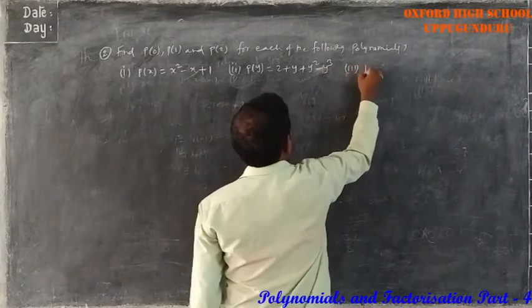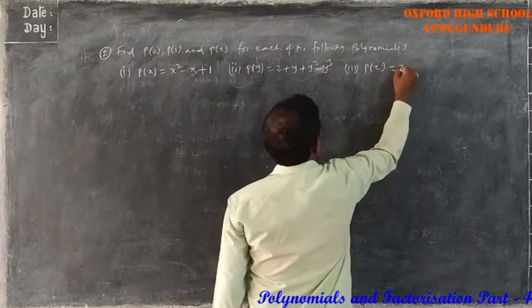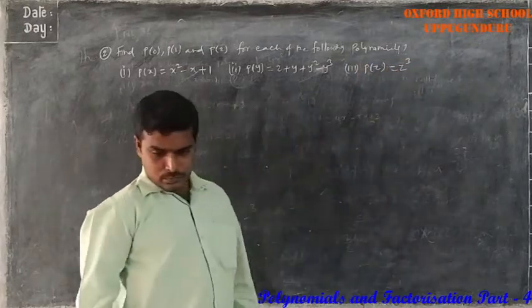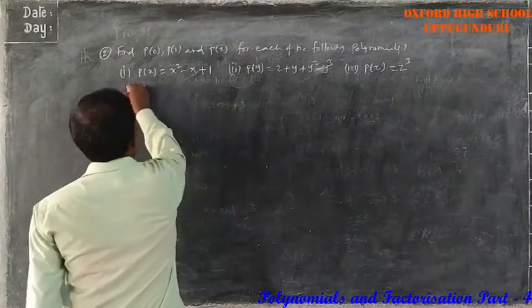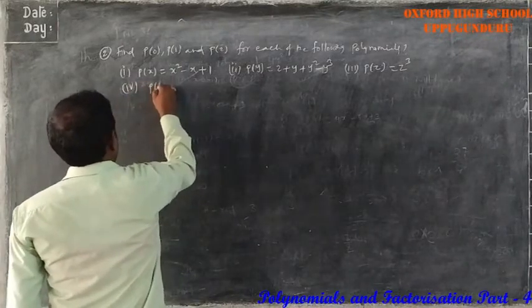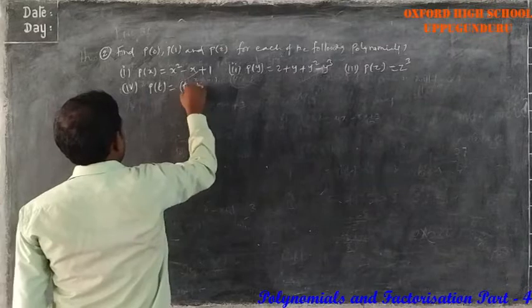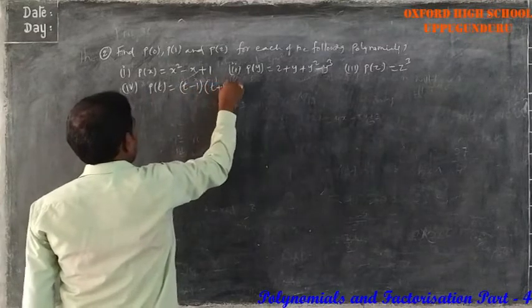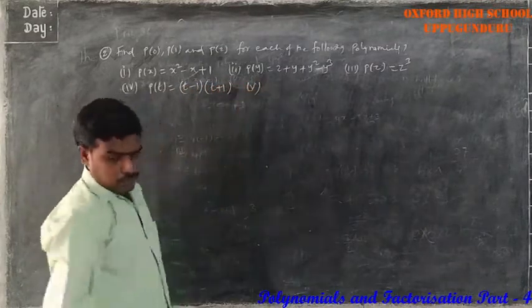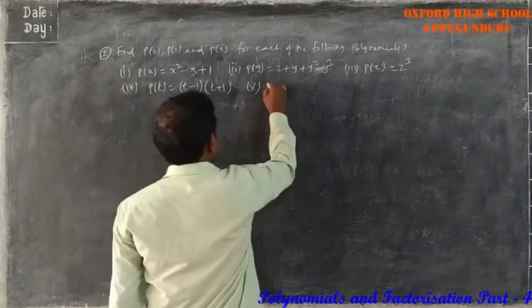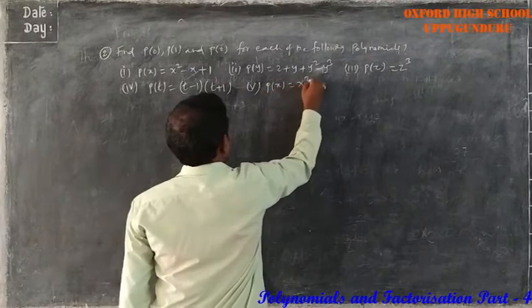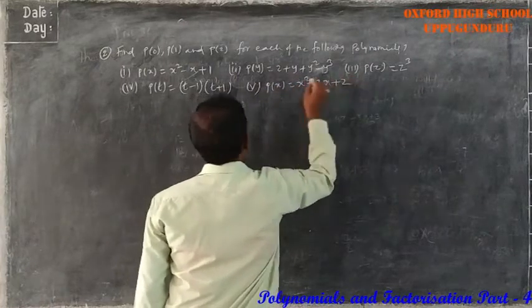Third one. P of z equal to z cube. Fourth one. P of t equal to t minus 1 into t plus 1. Fifth one. P of x equal to x square minus 3x plus 2.